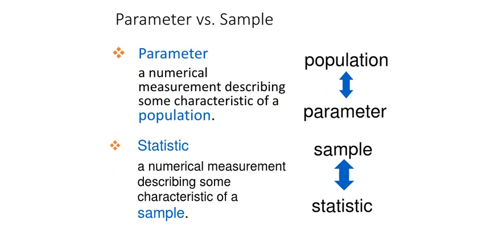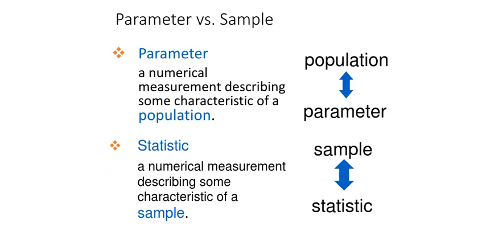One of the big differences we note about populations and samples is the information that we get from them. When we talk about a population, the measurement of some characteristic of a population, we call it a parameter. On the other hand, when we talk about a statistic, we're talking about some measurement that describes the sample.